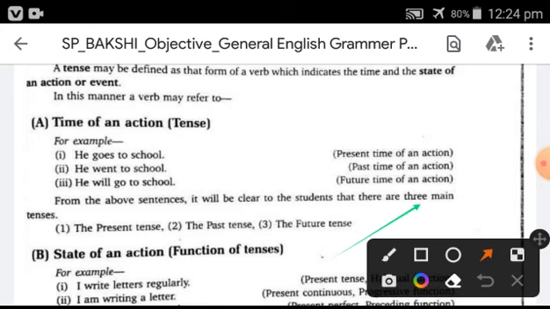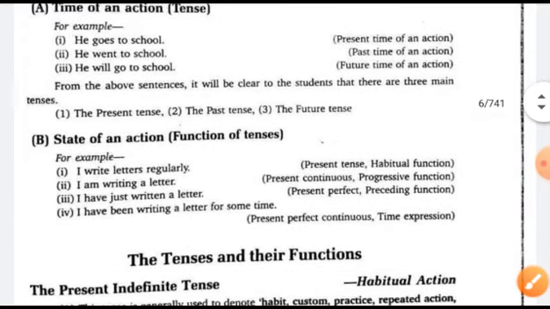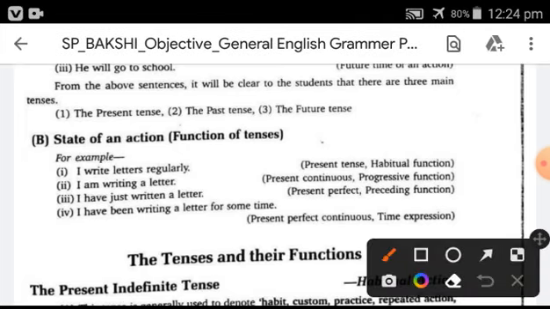Name them: present tense, past tense, and last but not the least, future tense. Let me describe it further.